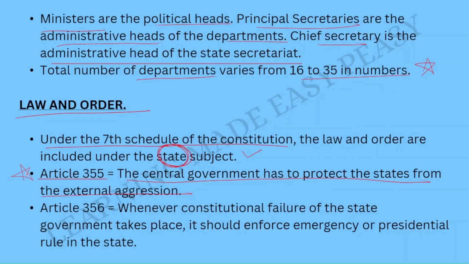This is important. Article 356 says what? Whenever constitutional failure of the state government takes place, then it should enforce emergency or presidential rule in the state. This is also very, very important. Please remember both these articles. They have been asked several times in several competitive exams.